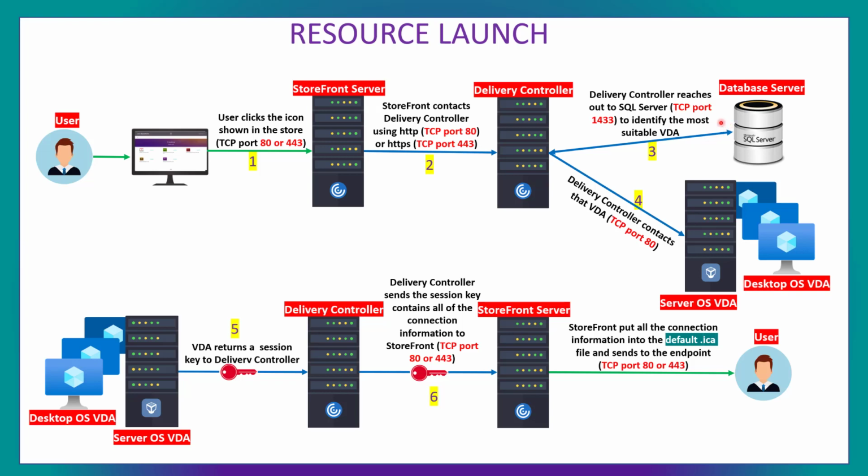Because we may not have an available app server or virtual desktop for that user, the delivery controller must query the database to know the availability of those resources, and which one is best suited to accept a session for that user. Then the delivery controller contacts the VDA directly on port 80.